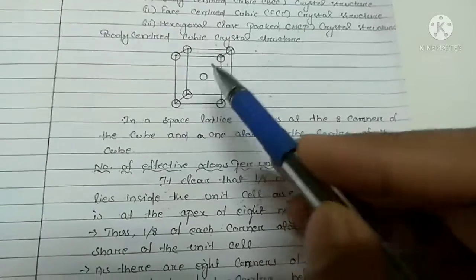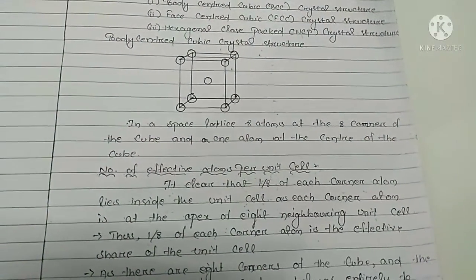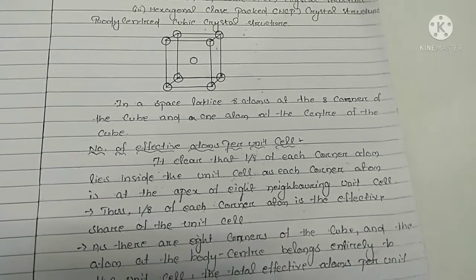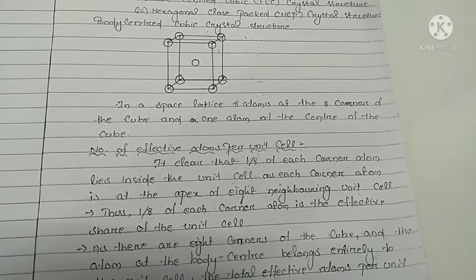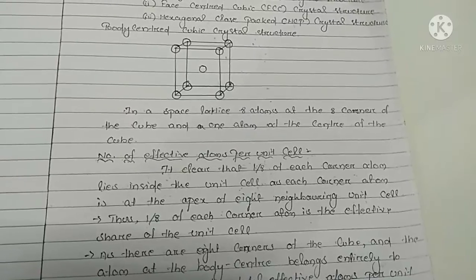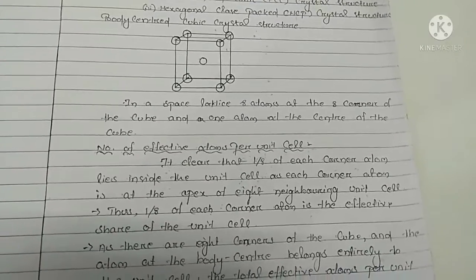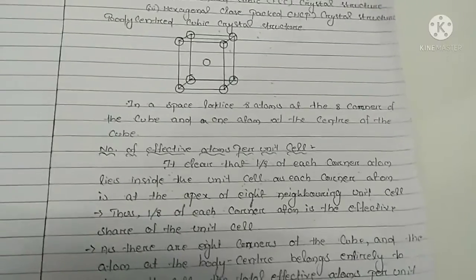Number of effective atoms per unit cell. It is clear that 1/8 of each corner atom lies inside the unit cell, as each corner atom is at the apex of 8 neighboring unit cells.